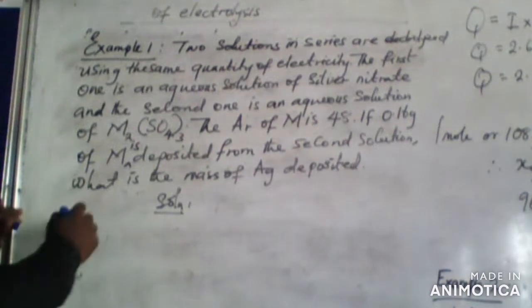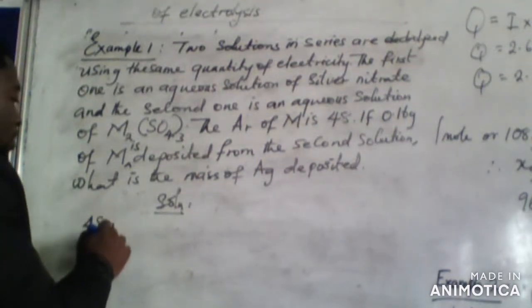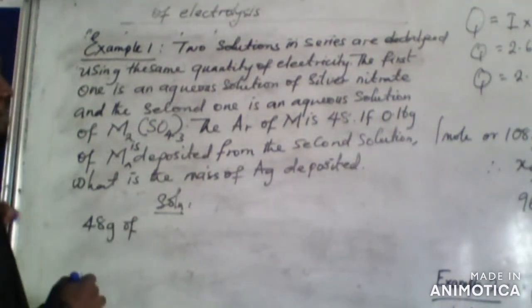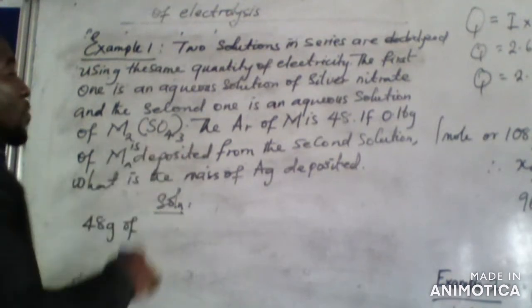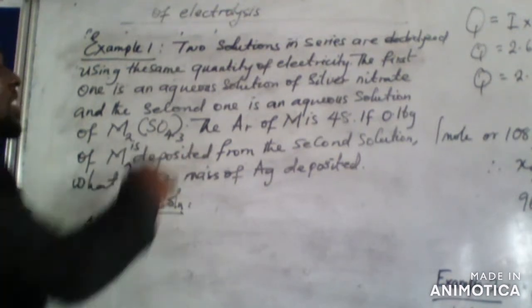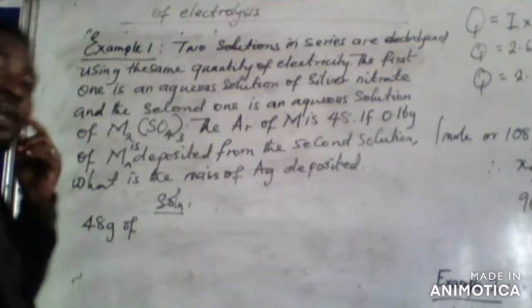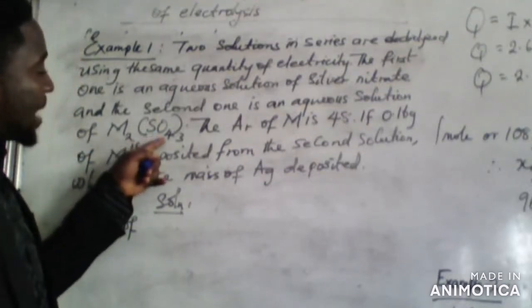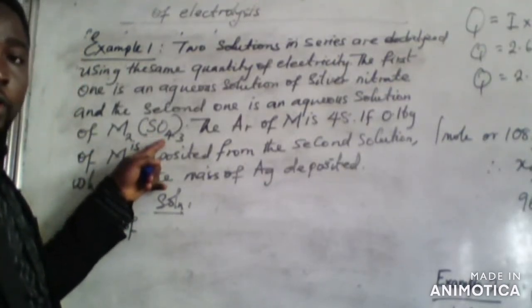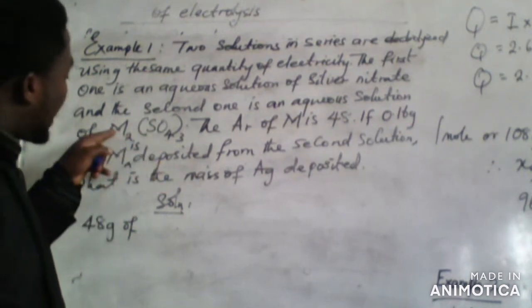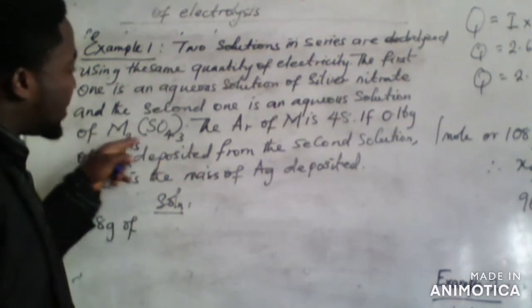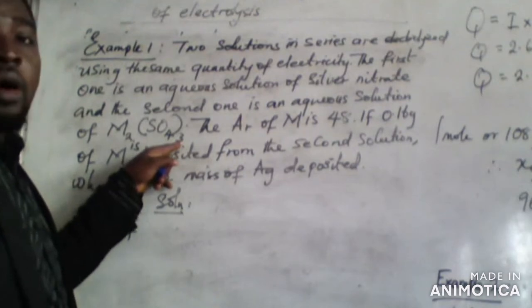So we say that 48 grams of M, and from this formula, without doubt, we know that M is a trivalent ion. From this chemical formula of the salt, we can see that the element, the metal M, has the valency of 3.